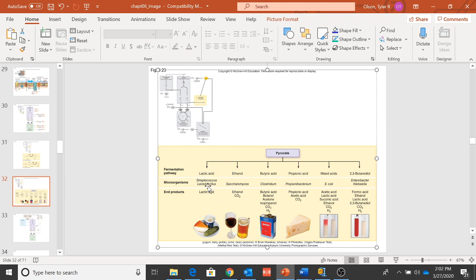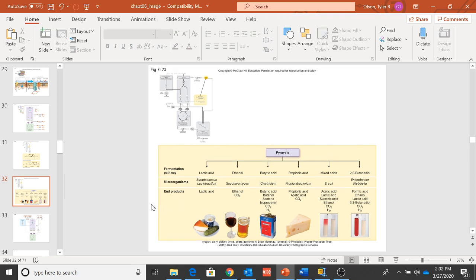If you look at different microbes, like Streptococcus, they'll use the lactic acid fermentation pathway and make lactic acid. Saccharomyces will make ethanol, so on and so forth down the line here. This picture is on page 163 of your book.